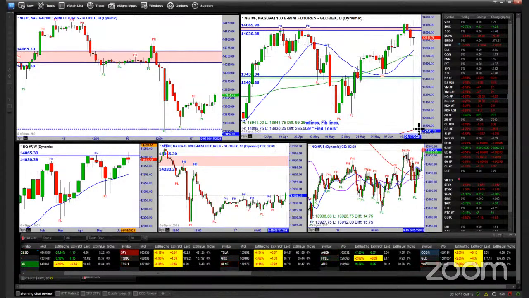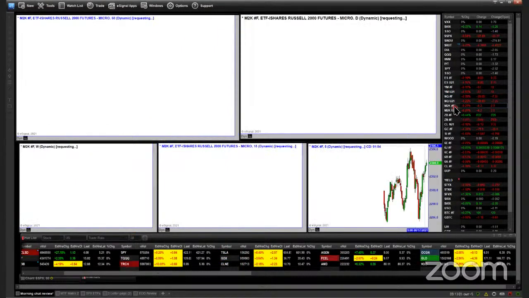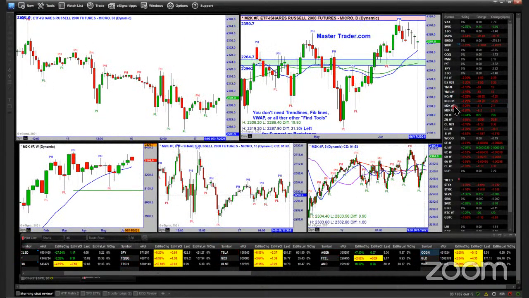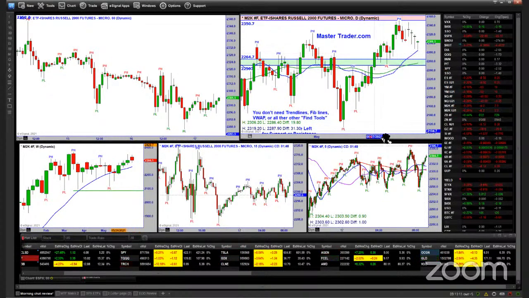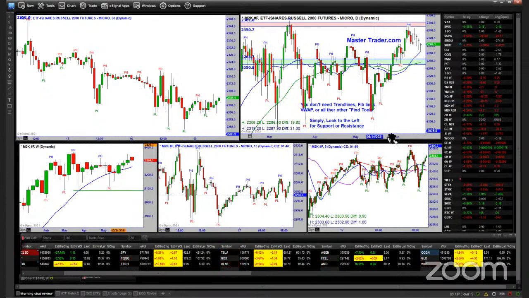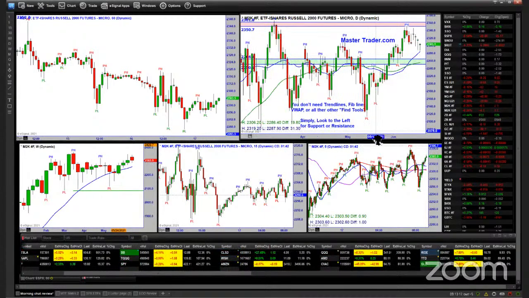So little ups and downs that occur on the way to the destination is normal. And if you're nimble, of course, you can trade those little ups and downs intraday. And the Russell, which was showing strength. I thought maybe it could get above that high, but no, couldn't do it. Got really close.